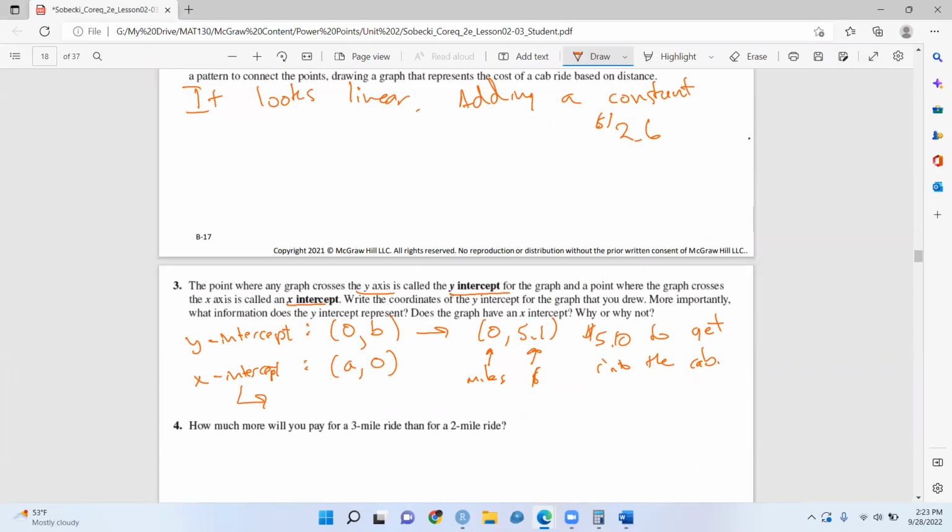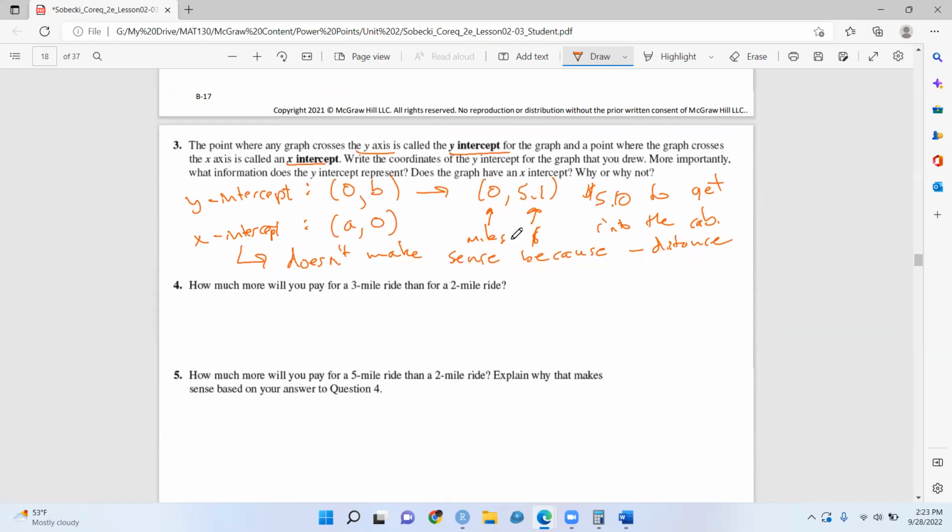So the x-intercept doesn't make sense because it would be negative distance. What, did the cab driver go in reverse? And so he's going to give you money? Negative distance, whatever. All right.